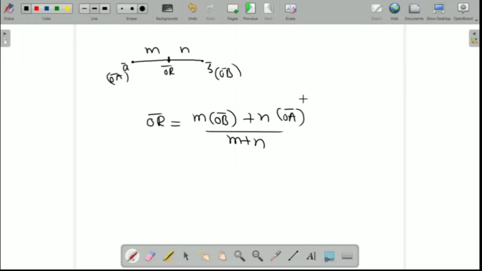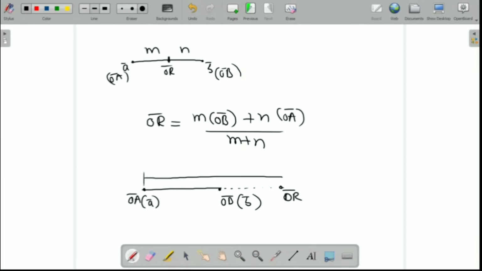Now when OR is a point dividing the line externally in the ratio m is to n, let us consider the same case. This is OA bar, this is OB bar, the line we have here, A bar vector, B bar vector, and this line is externally divided at OR in the ratio m is to n. From the first point this is m and the second point this is n.